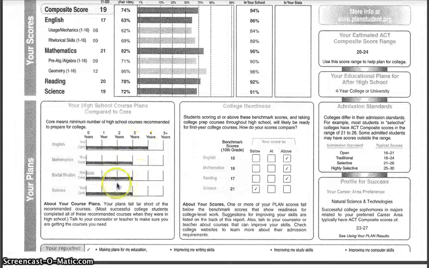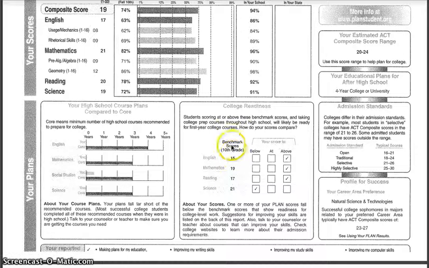This student here says your plans fall far short of recommended courses. So this may not have been filled out right, because the schedules that we do at Anson High School, you get all the things you need right here to be ready for college. So I think that might have been a mistake, but definitely talk to your counselor and make sure that you are getting the courses you need.